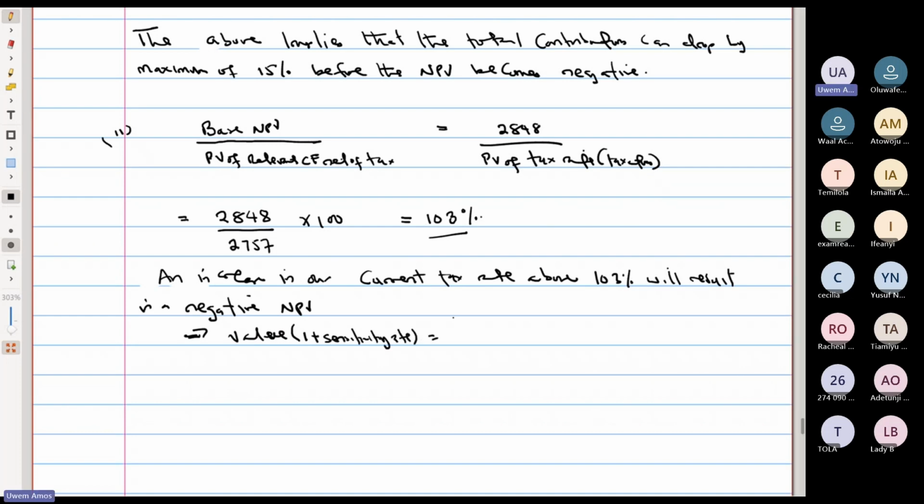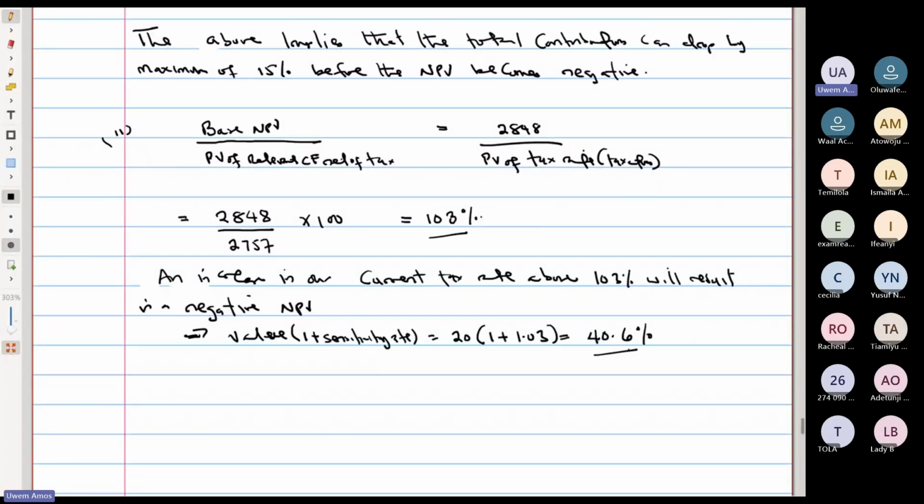Our current tax rate is 20%, so that is 20 multiplied by (1 plus 1.03, since 103 divided by 100 is 1.03). So 20 multiplied by 2.03, what do we have? 40.6%.